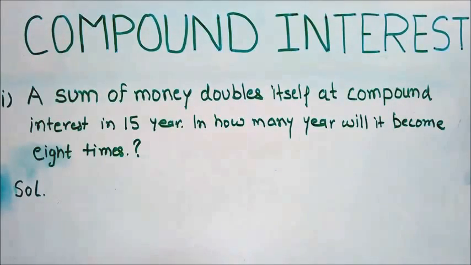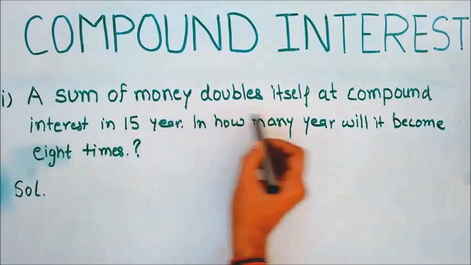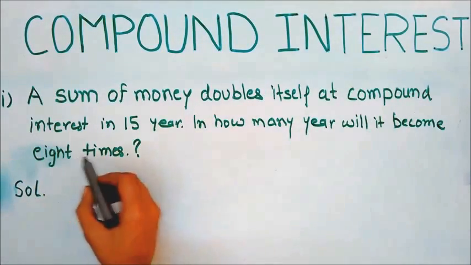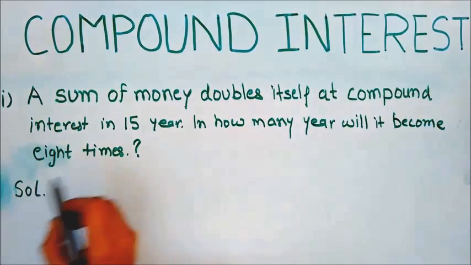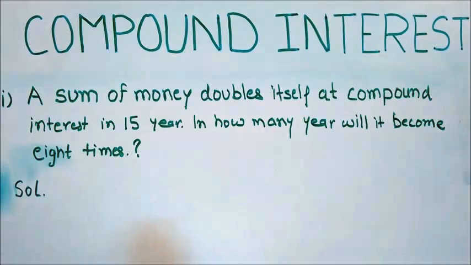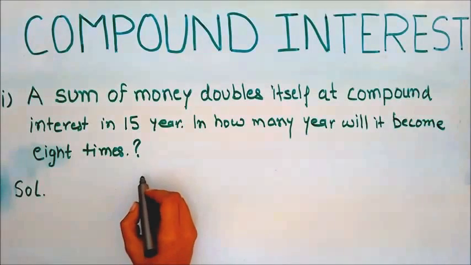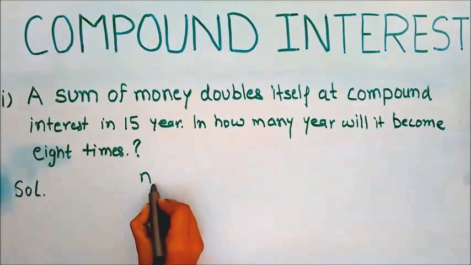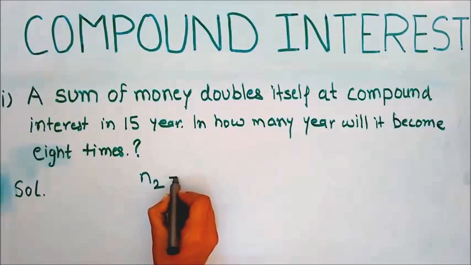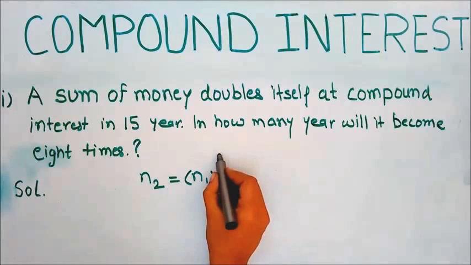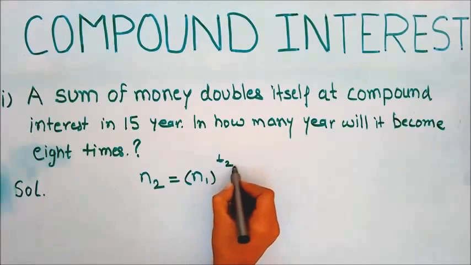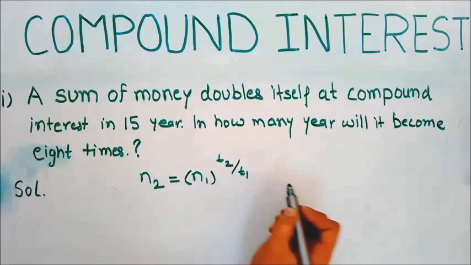Now we will solve the second question based on compound interest: a sum of money doubles itself at compound interest in 15 years. In how many years will it become 8 times? We have a simple short trick to solve this question, that is n2 is equal to n1 power t2 divided by t1.